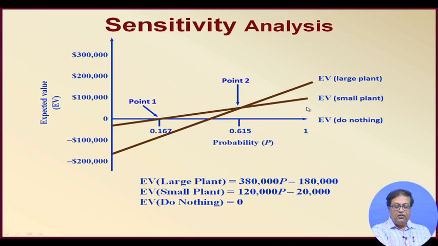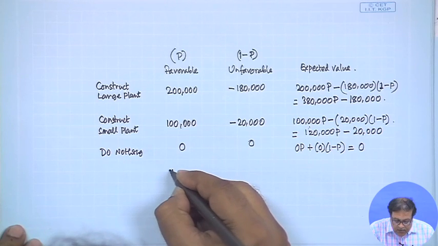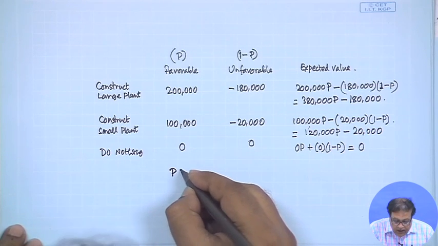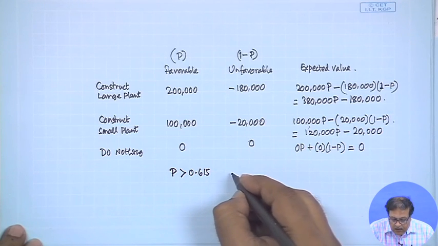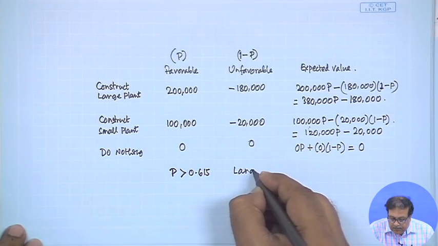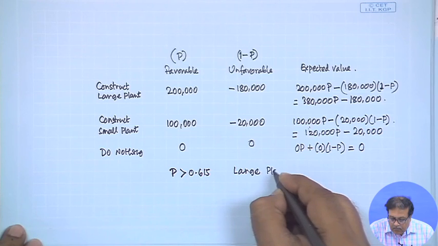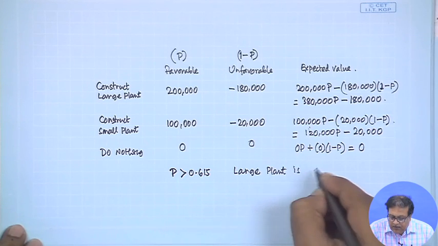So, you can divide this into two zones: if the probability is above 0.615, then the large plant is preferable.